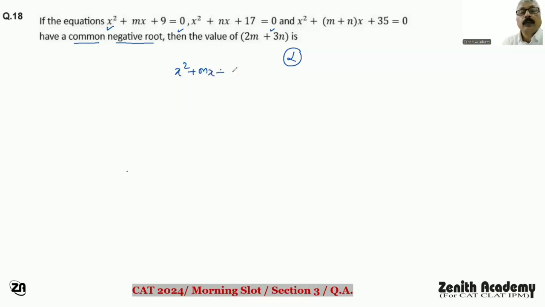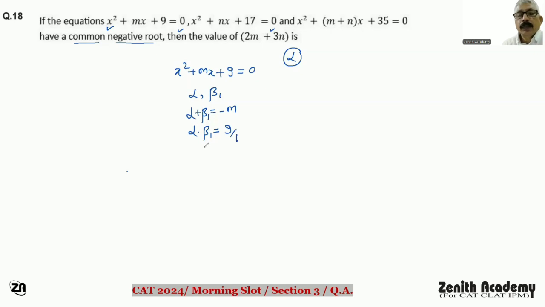mx plus 9 is equal to 0. Look here, if one root is alpha and the second root, suppose I take beta 1, so it means the product and sum you can find out: alpha plus beta 1 is equal to minus m, and alpha into beta 1 is 9 upon 1.